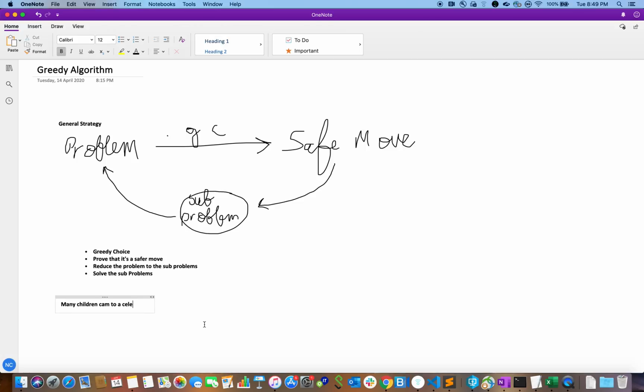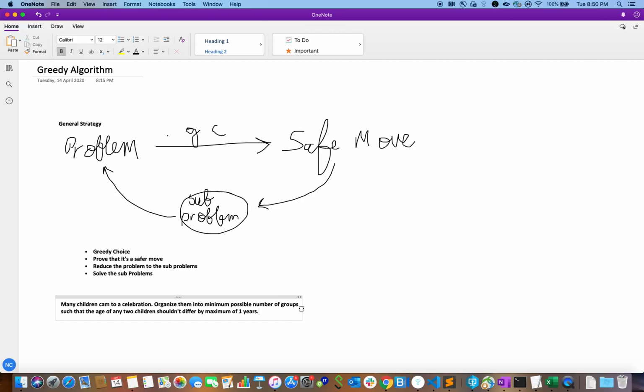Or instead of party, we can generalize it as a celebration. So yeah, this is the problem I am talking about.